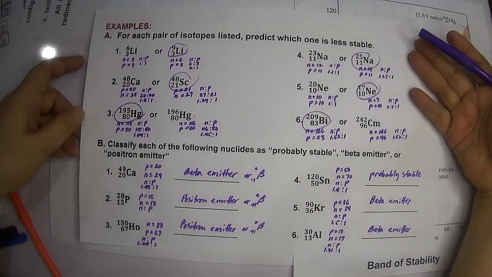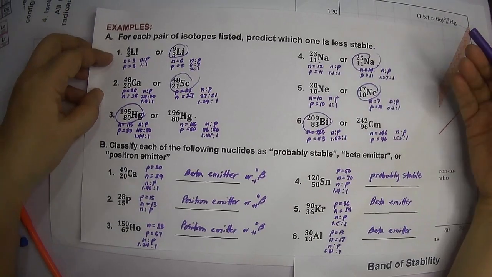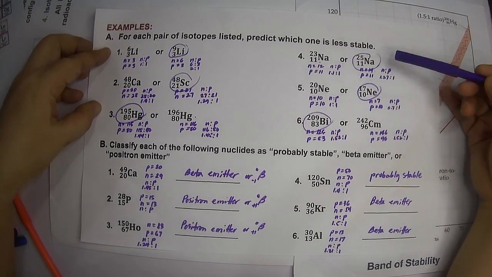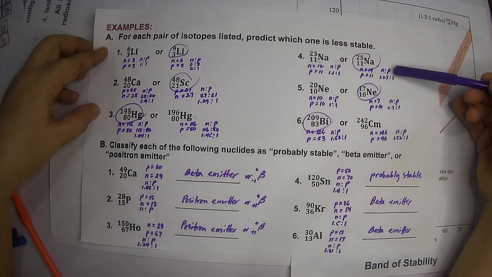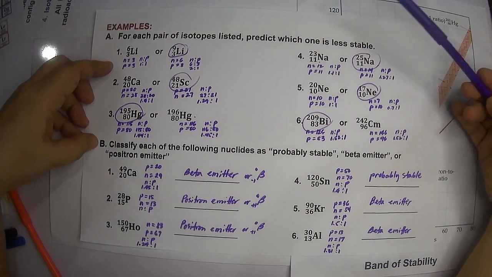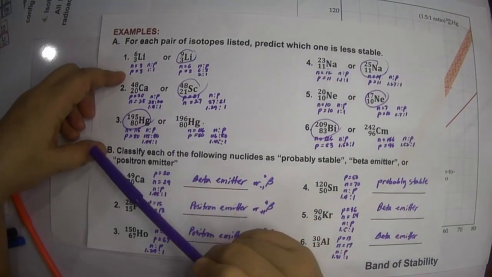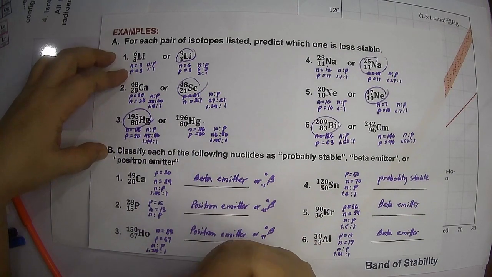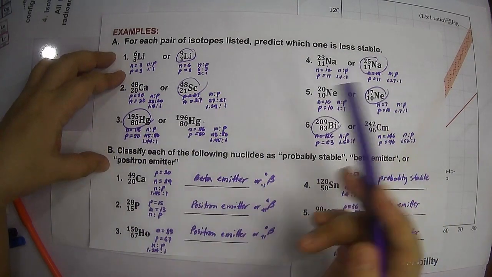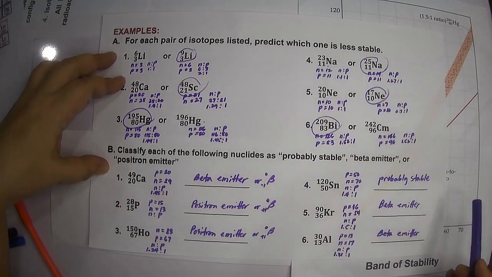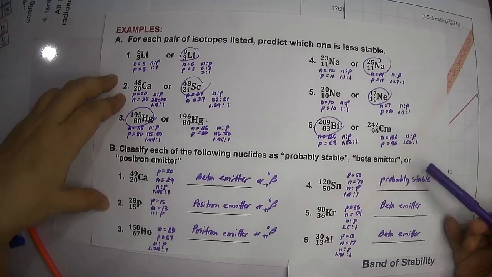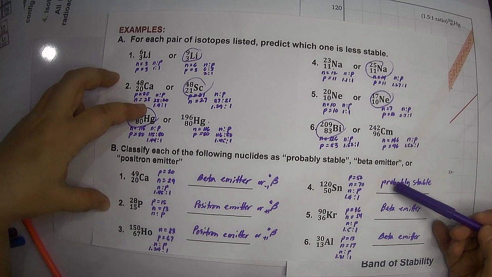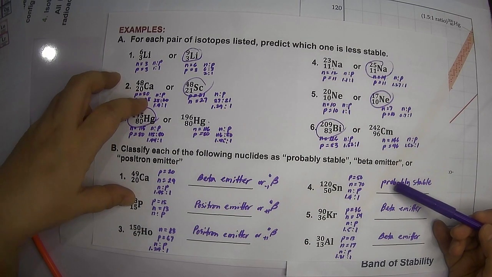In the first example set, we compare two nuclei, which one is stable, by referring to their neutron to proton ratio, or the magic number, or the pair principle. If it's like in example number 2, we have both even.